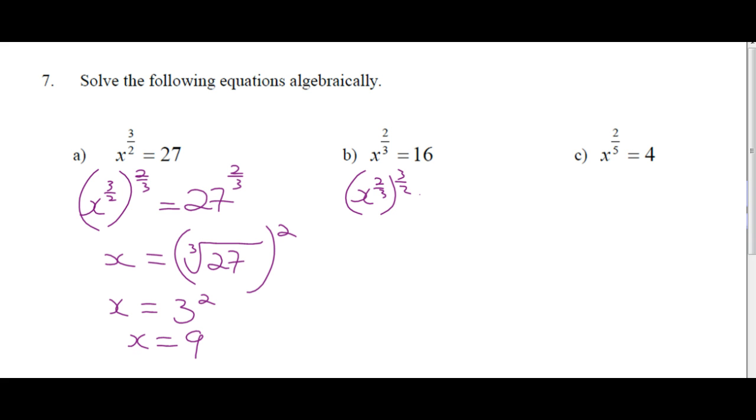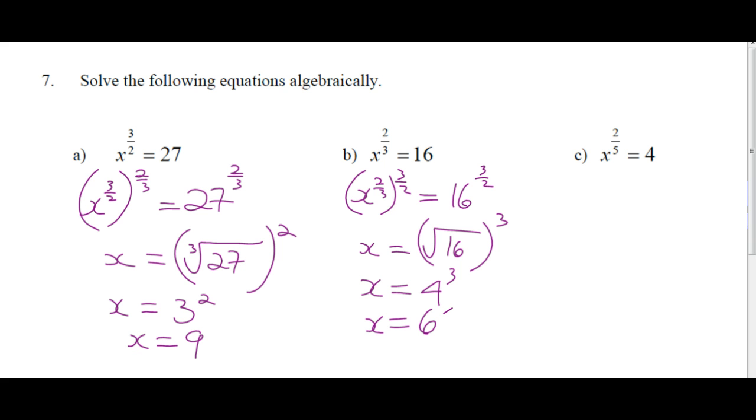If I do that to the left side, I have to do that to the right side. This just becomes x, right? 2/3 times 3/2 is 1. When you multiply reciprocals, you just get 1. This is the square root of 16 cubed. The square root of 16 is 4, cubed. 4 cubed is 64.